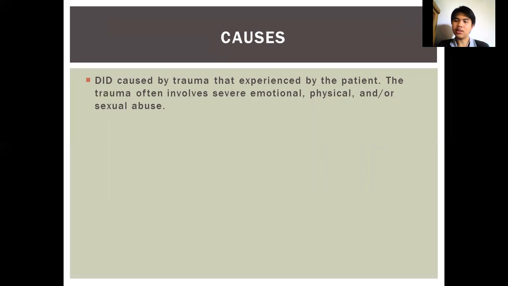About 90% of the cases of the ID have some history of abuse in their childhood. The trauma often involves severe emotional, physical, and or sexual abuse. It might also be linked to accidents, natural disasters, and war.